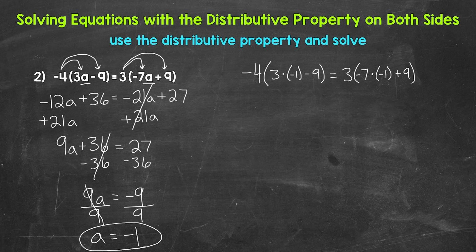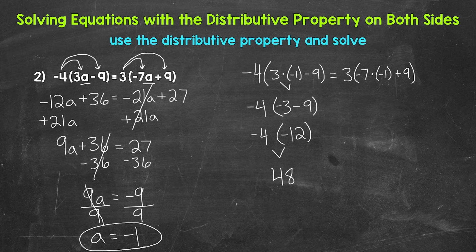Let's go through the left side of the equation first, where we will start with the parentheses. So we have 3 times negative 1. And let's do this step by step here. So this gives us negative 3 minus 9. Negative 3 minus 9 is negative 12. And then we have negative 4 times negative 12, which gives us 48.